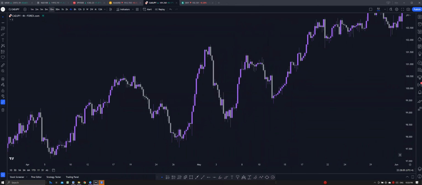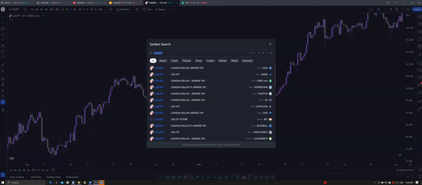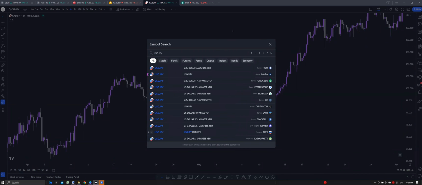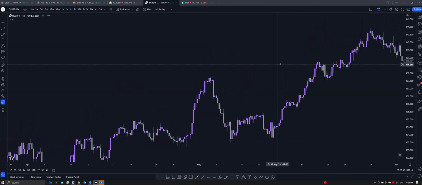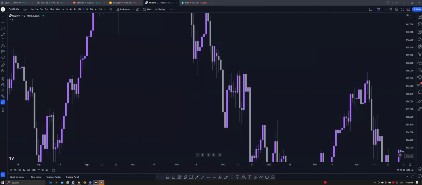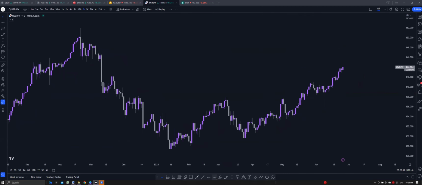Actually, let's see USD JPY maybe. And let's go on a daily time frame. So let's pick up a flat number, 140. And let's pick the next whole number, it's at 130.